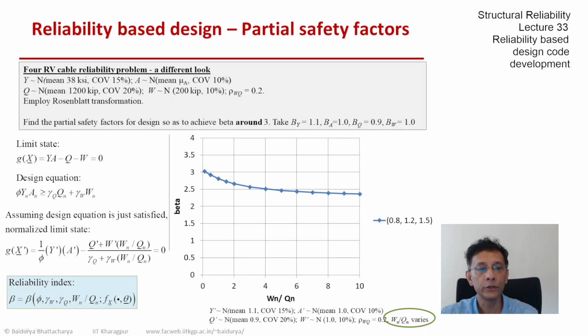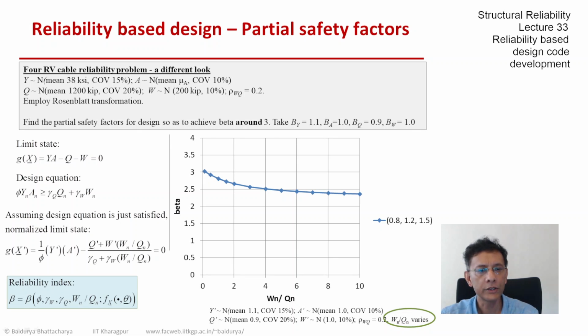For very low values of that ratio, we are just at about 3, and then we fall well below 3, and we even fall below 2.5 at high values of the ratio. So obviously this is not desirable. For a very few number of cables I would get the target reliability, but for all the rest I would be more unsafe. I would not be able to maintain the reliability. So this is not good.